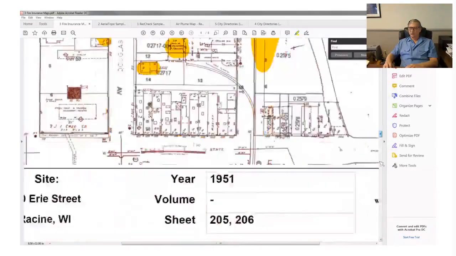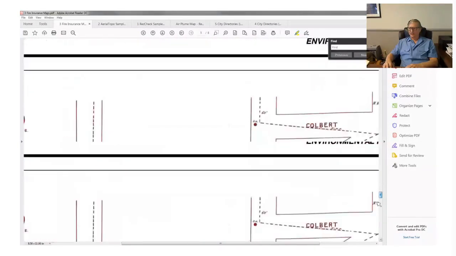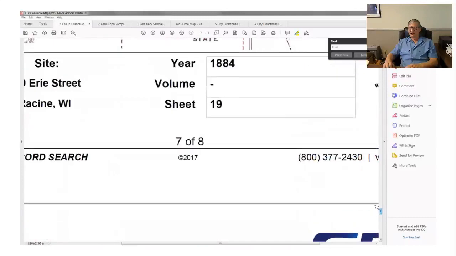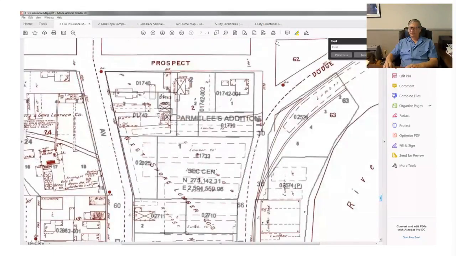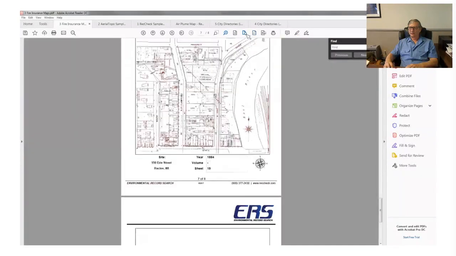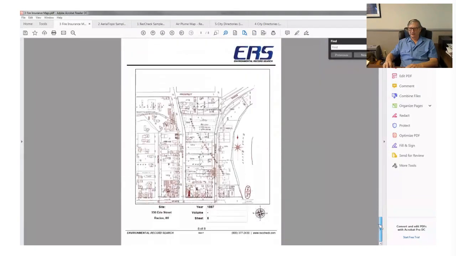Let's go all the way to, let's zoom out a little bit. Probably zoomed out too far, huh?